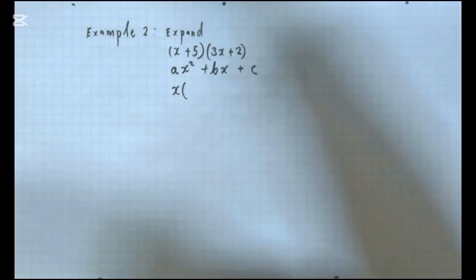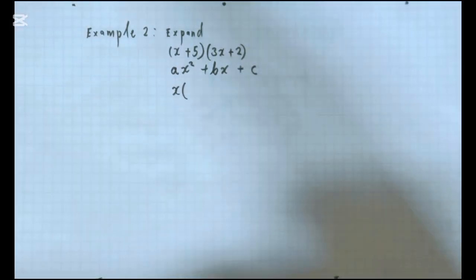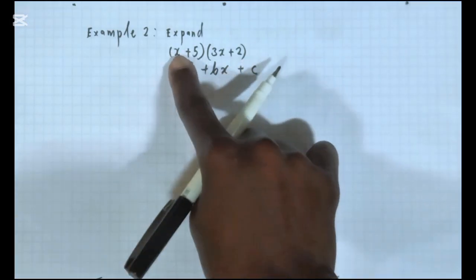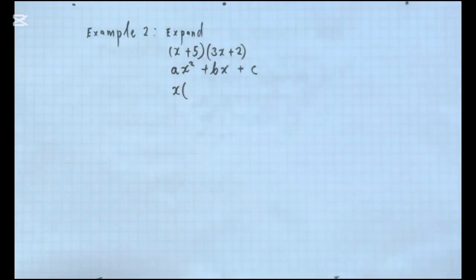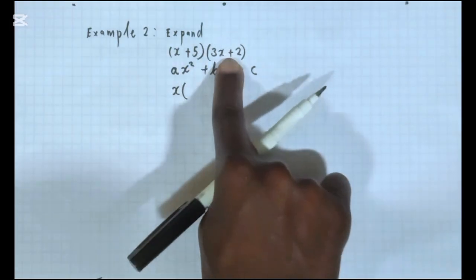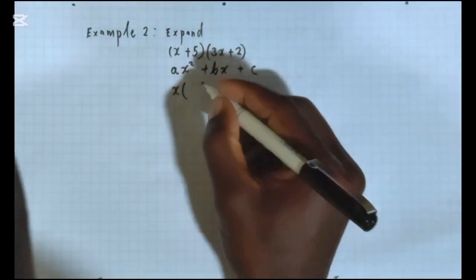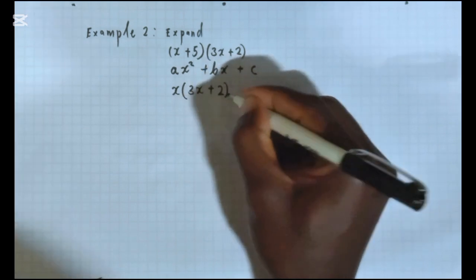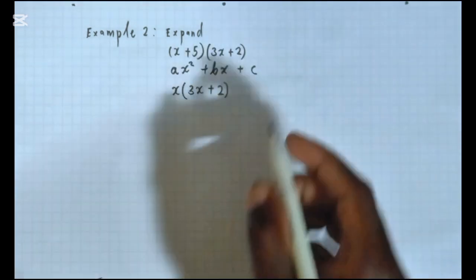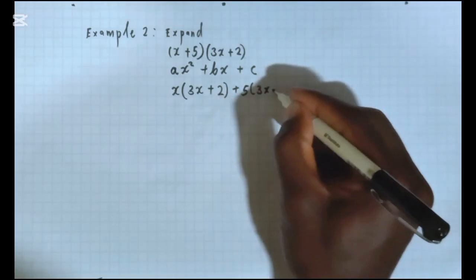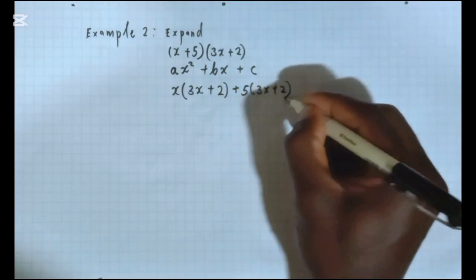So we're going to have x from the first bracket on the left, and maintain the other one. So it's x into 3x plus 2, plus 5 into 3x plus 2.